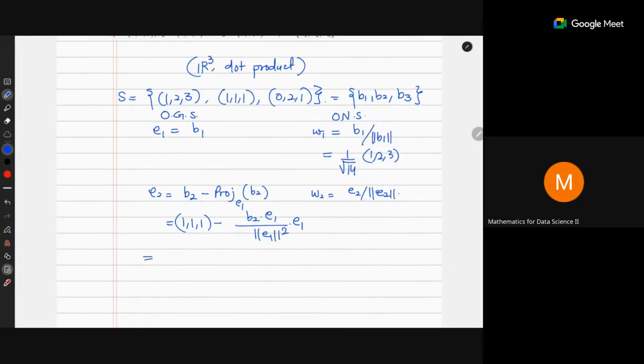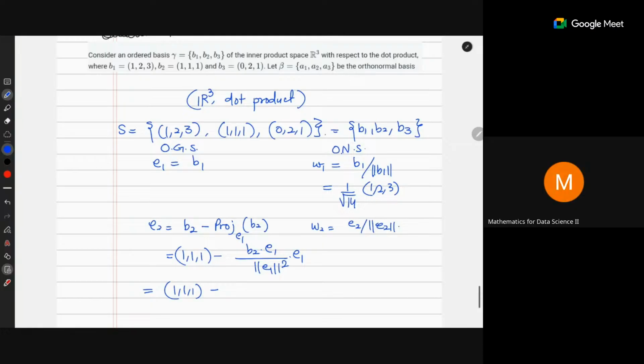So what is 1, 1, 1 minus, now what is B2 dot E1? E1 is 1, 2, 0.